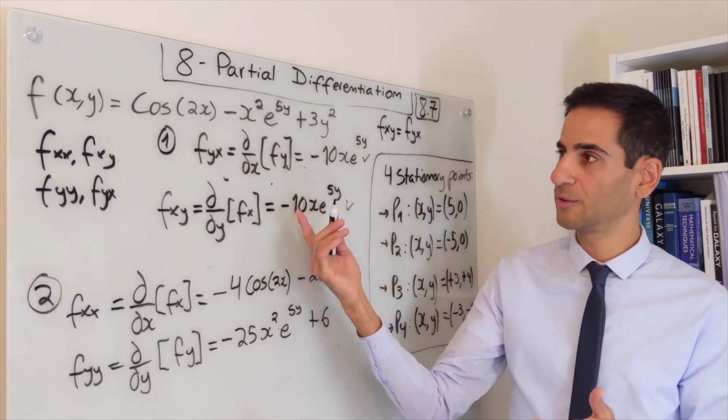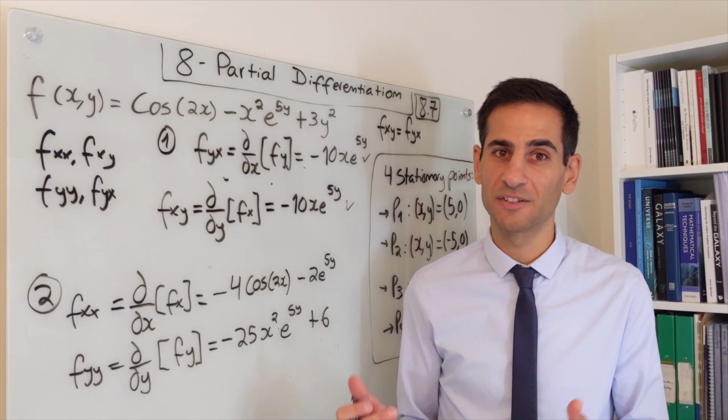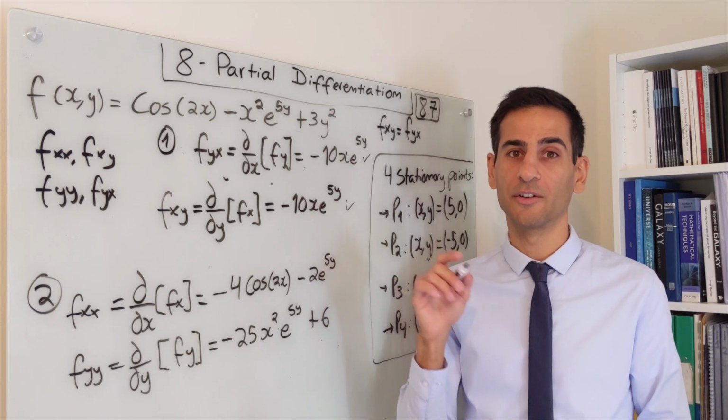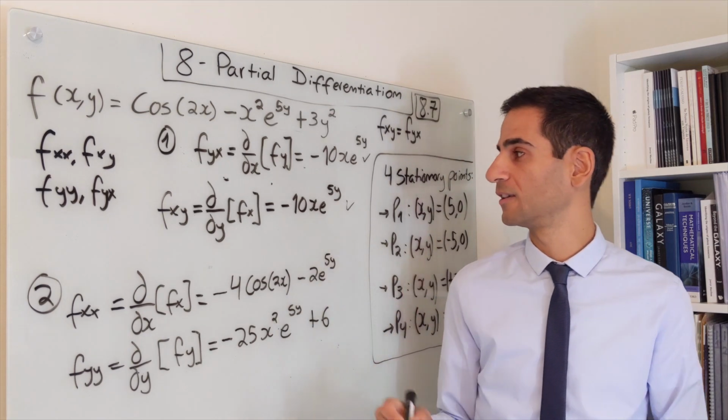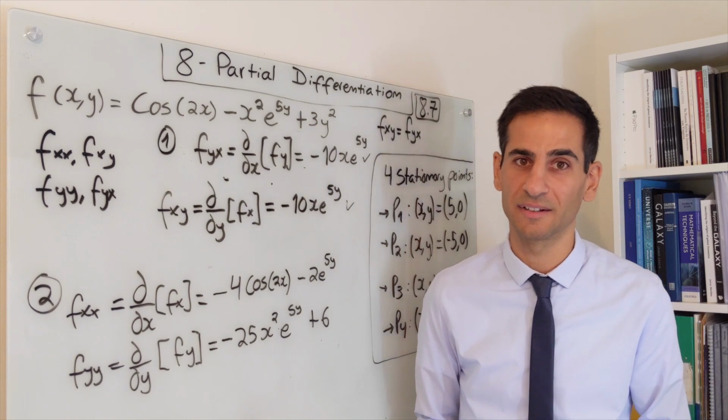And therefore, if you compare them, if they are the same, that's good news. You probably did everything correctly. If they're not the same, I would encourage you to look back and try to find your mistake, because it is almost guaranteed that it is there.